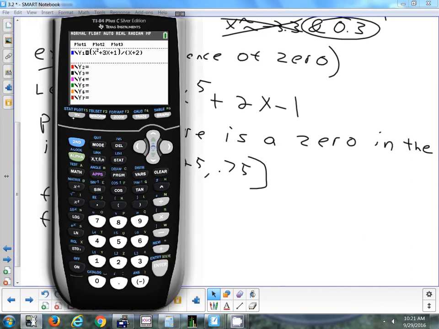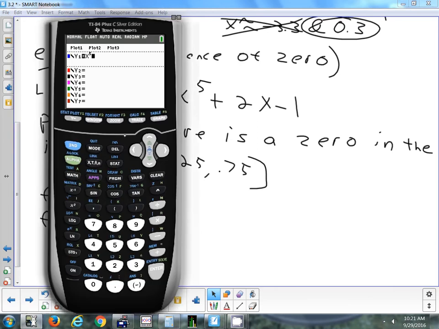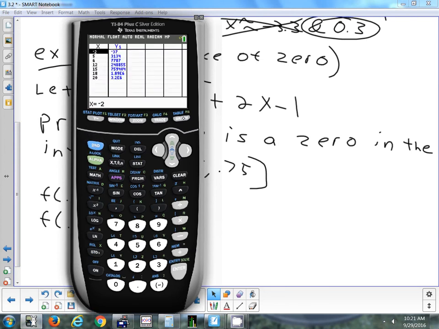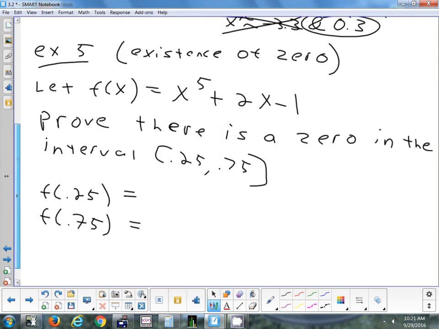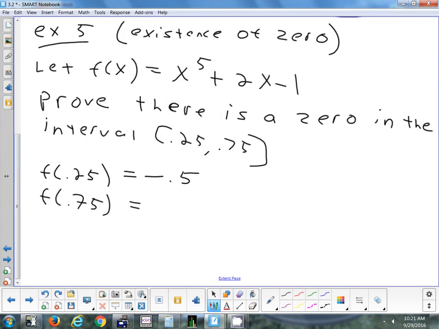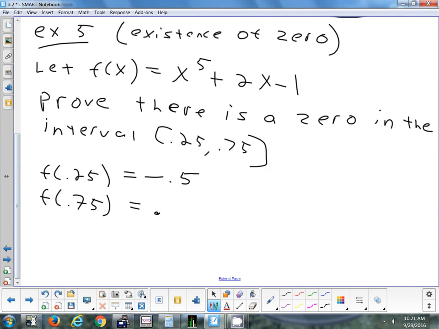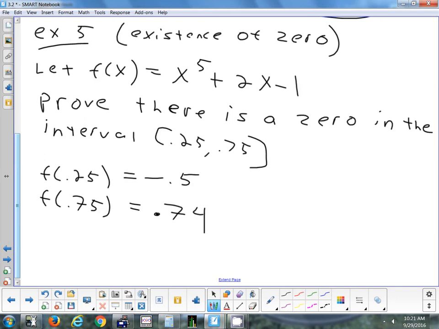So I've got x to the 5th plus 2x minus 1. So when I plug in 0.25, I get pretty close to -0.5. And when I plug in 0.75, I get 0.74. Okay, so that's the first thing she said to do.